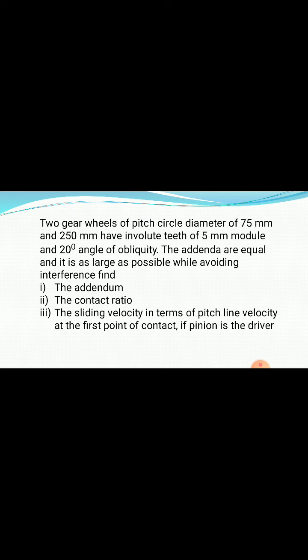If you look at this diagram, for the rack, the addendum line, pitch circle line, and base circle line are straight lines. For the pinion, it is a circle, and three circles are given: the base circle, pitch circle radius, and the addendum radius. For the rack, it is represented by a straight line.